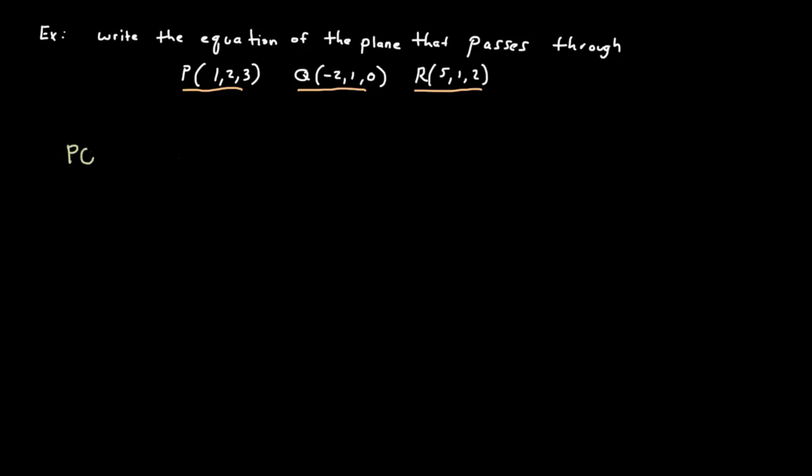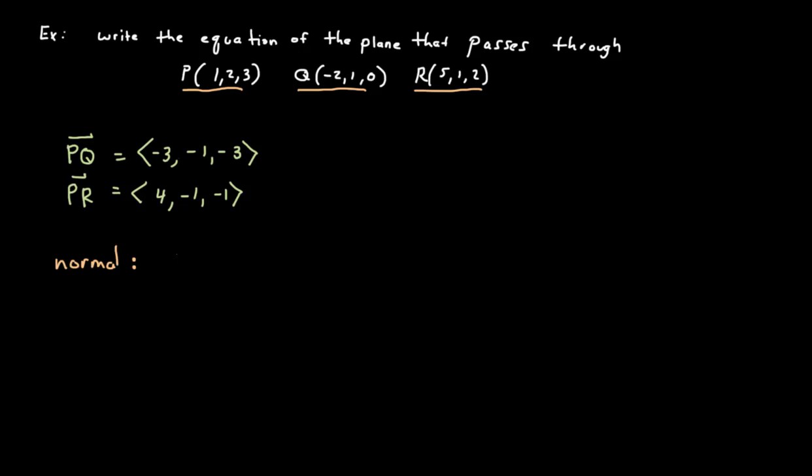Vector 1 I'm going to pick is PQ. To find vector PQ, it's simply the difference of the corresponding components, so that's the vector -3, -1, -3. It doesn't matter which two points you pick. The other vector I'm going to pick is PR. Again, the difference of the corresponding components gives me 4, -1, -1.